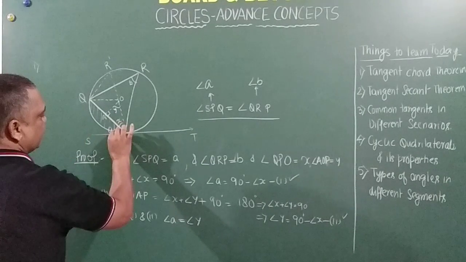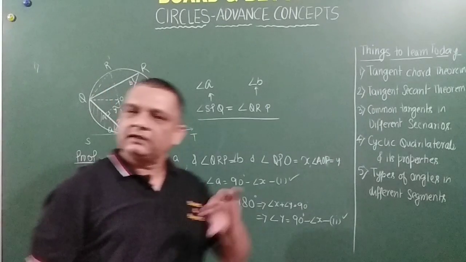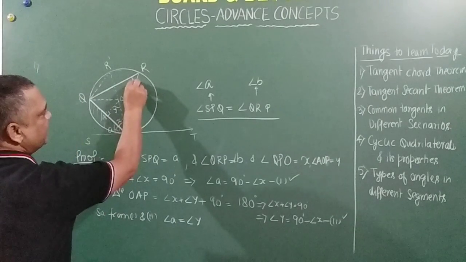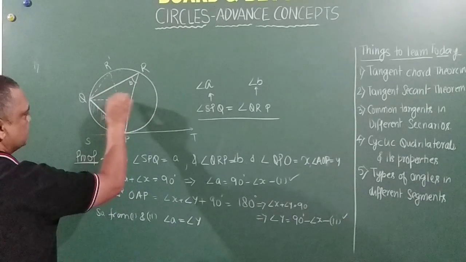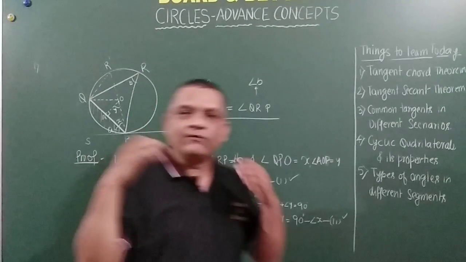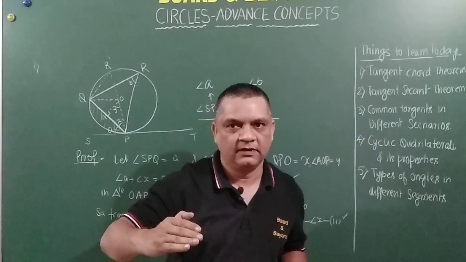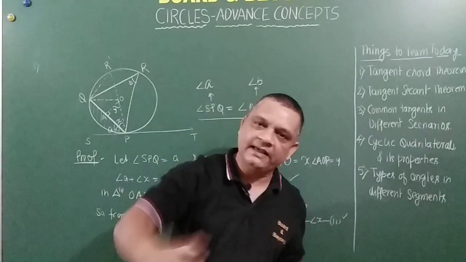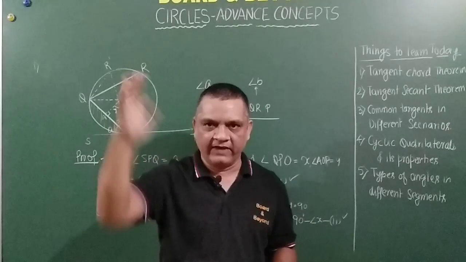Now this angle is equal to this angle, friends. Now just remember the last class, right? What did we study? That angle B will be half of the angle QOP, right? So I have already told you that the angle subtended by a chord at the center is double the angle subtended by the same chord in the same segment anywhere else, right?